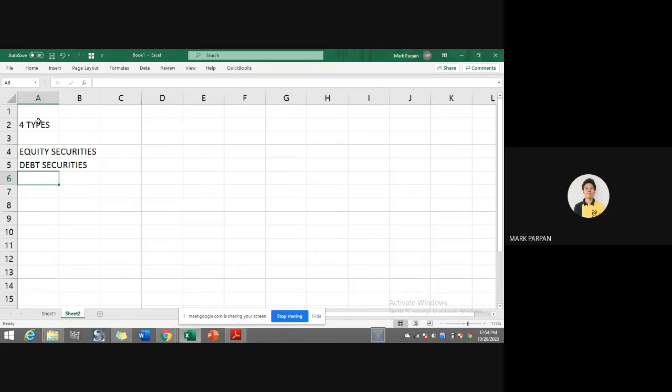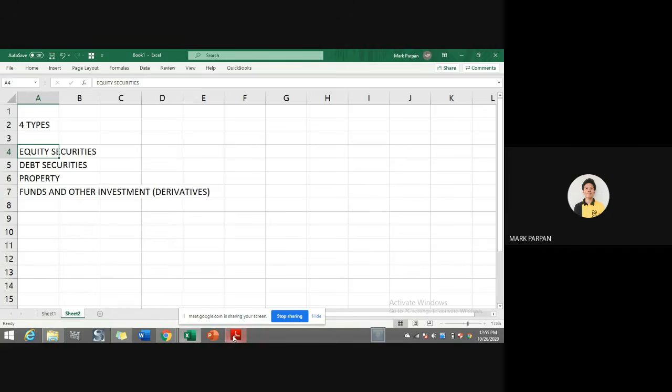We also have investment property, covered by PAS 40. And we have funds and other investments, which include derivatives. Today, among these four types of investment, our focus would be investment in equity securities. That will be our number one focus.